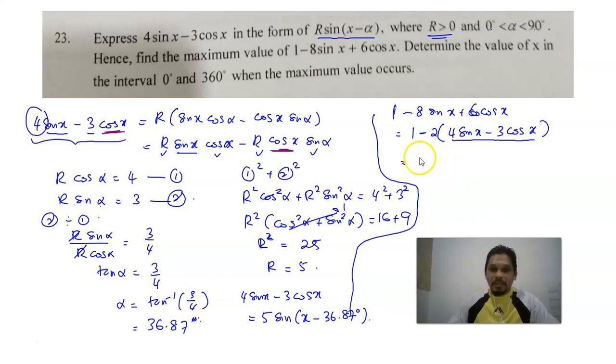Now it becomes 1 minus 2, so everything here, 4 sine x minus 3 cos x, when you elaborate in this form, is now 5 sine (x minus 36.87 degrees). Determine the value of x in the interval when the maximum value occurs.